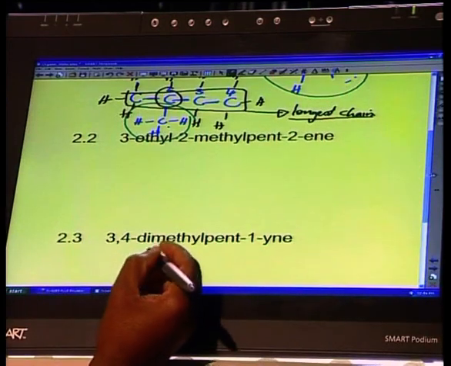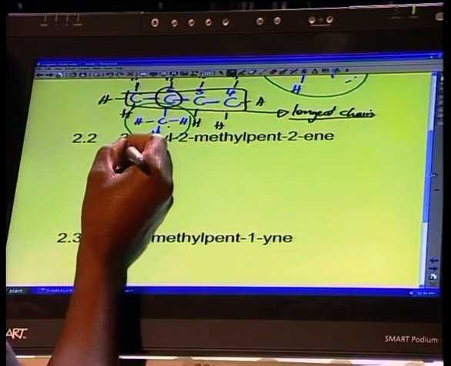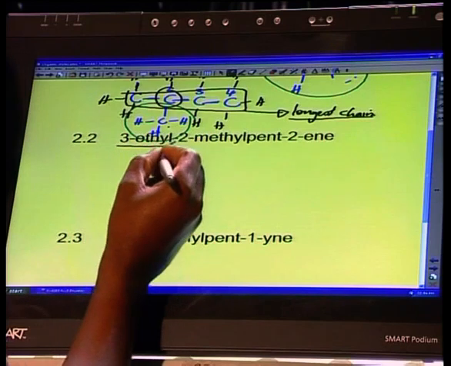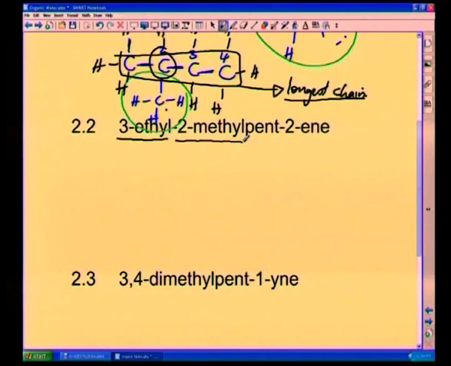Now this one has got more to it. It says 3-ethyl, 2-methyl, pent-2-ene. Okay, it's a long one. Now, look at it.